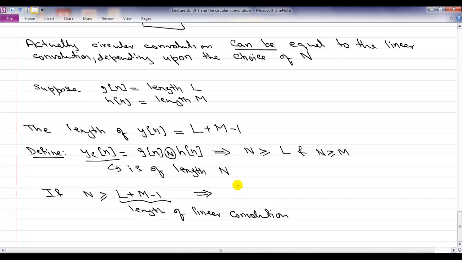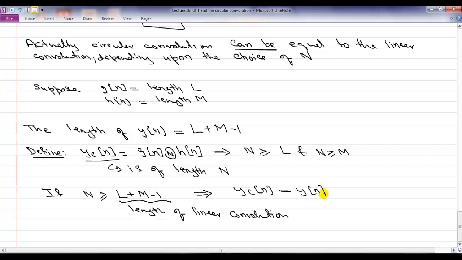Okay, so the thing to remember is circular convolution is not equal to linear convolution, but if the number of points of circular convolution exceeds the length of your linear convolution, then Ycn, the circular convolution, equals Yn.